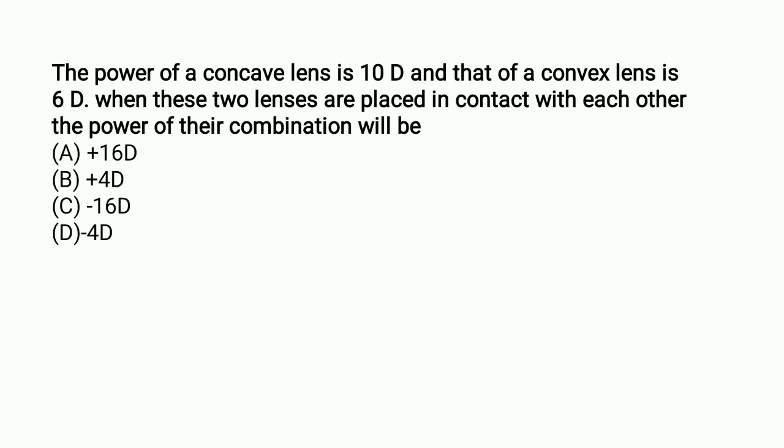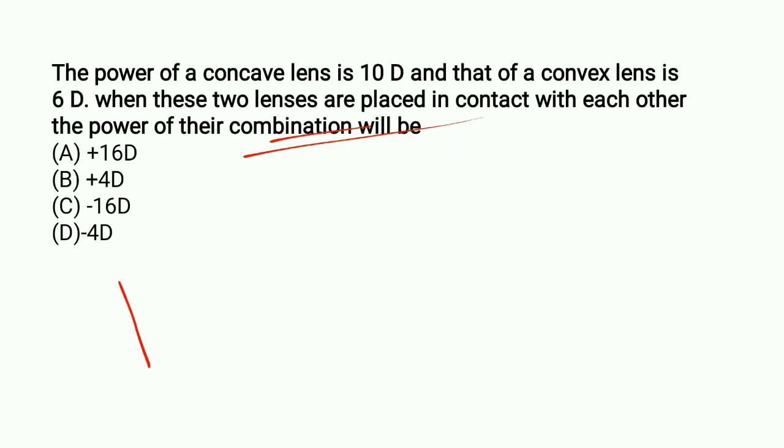The next question. The power of a concave lens is 10 diopter and that of a convex lens is 6 diopter. When these two lenses are placed in contact with each other, the power of their combination is? Whenever two lenses are in contact with one another, the total power is the algebraic sum of the powers of the lenses.